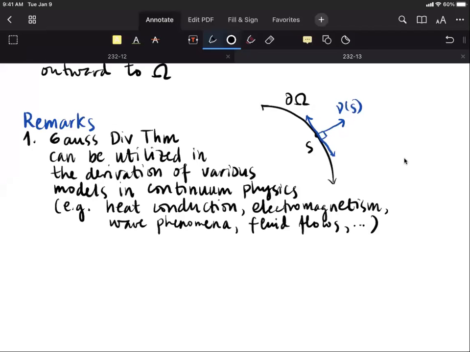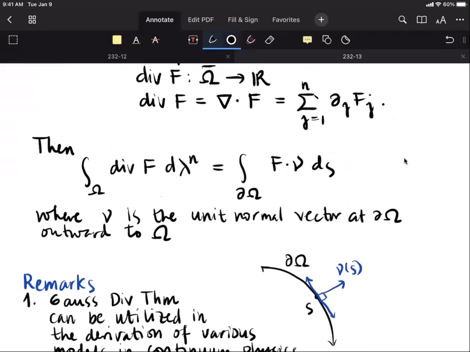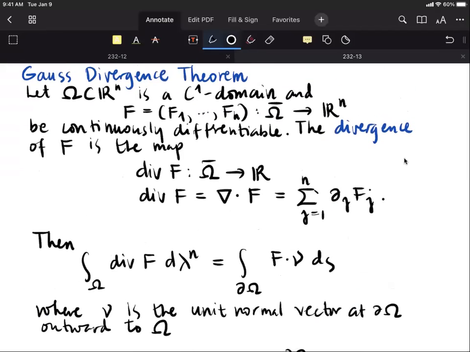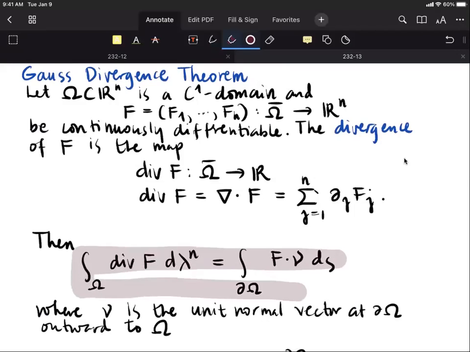So we will not give the proof of this theorem, but it is important to at least be familiarized with this integration formula.